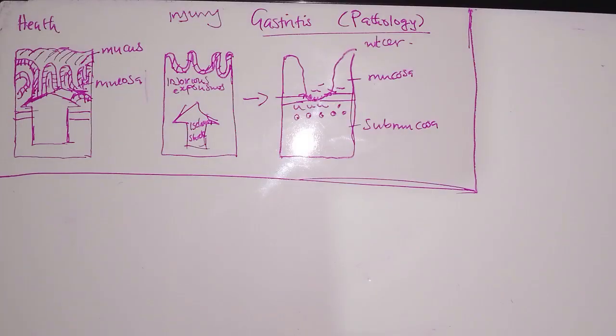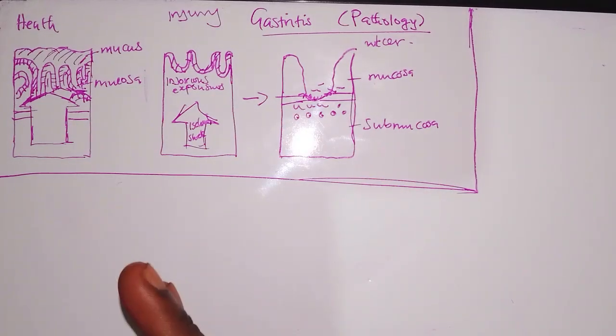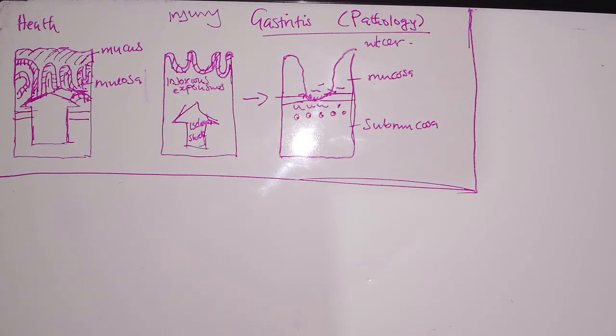But whenever we are looking at this, we have two terms which can be used. The first term, gastritis, can only be used whenever neutrophils are present at the site of injury.